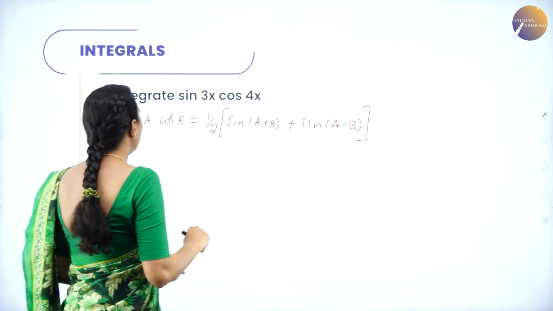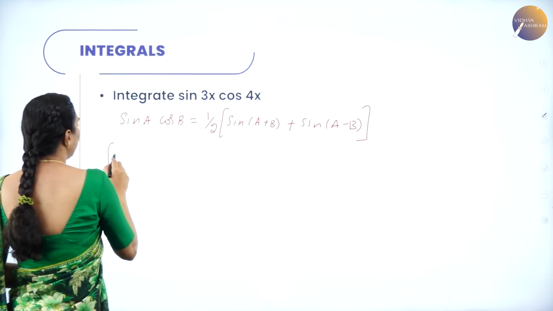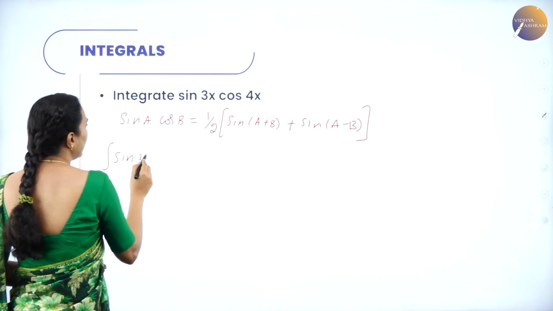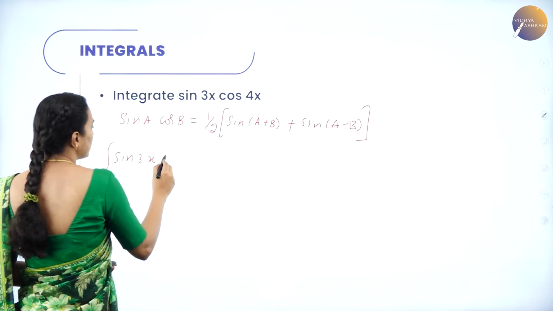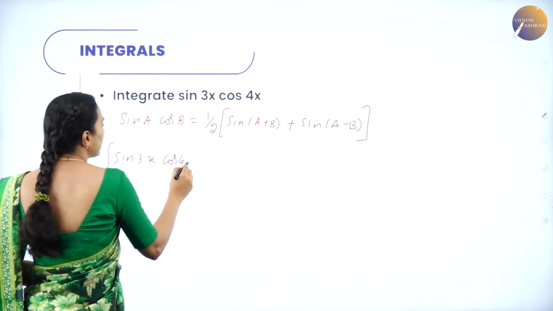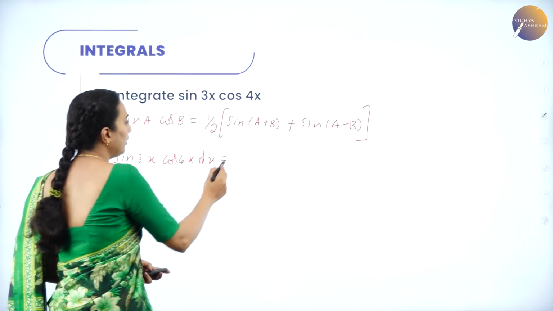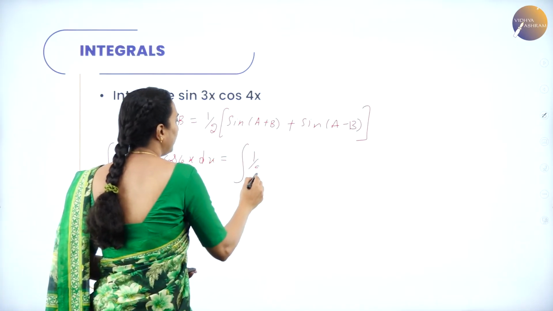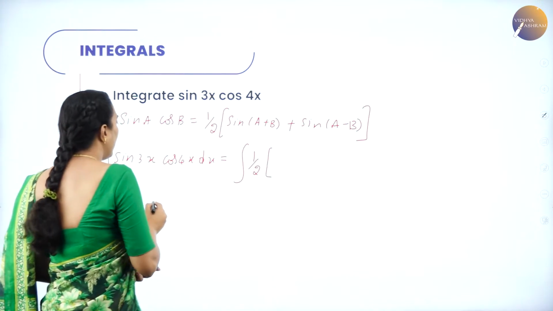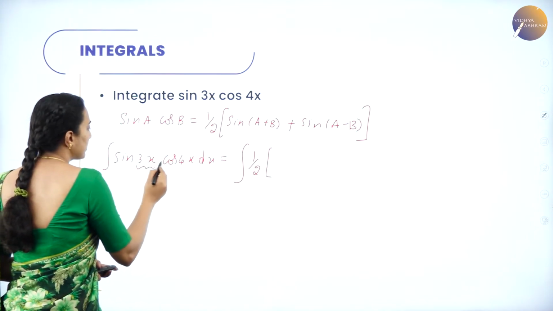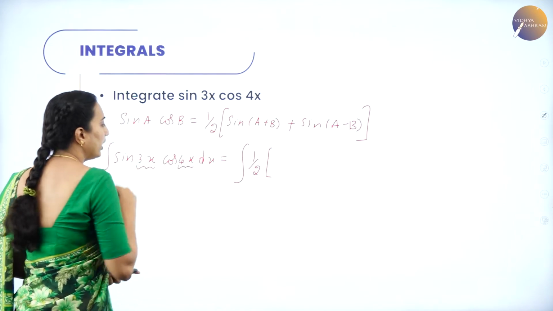Now accordingly, if you write the integral of sine 3x into cos 4x into dx, you are going to take the integral of half into sine of A plus B plus sine of A minus B, where A replaces 3x and B replaces 4x.